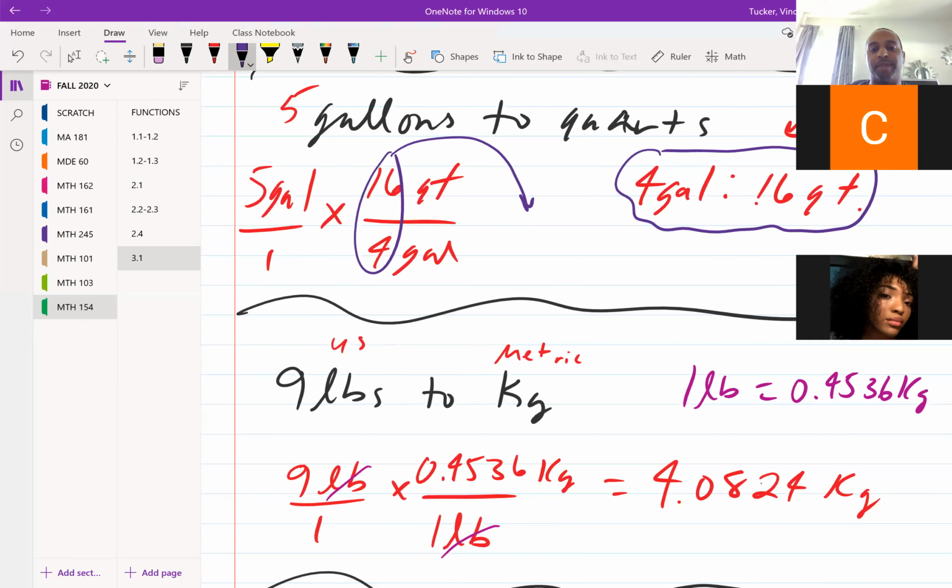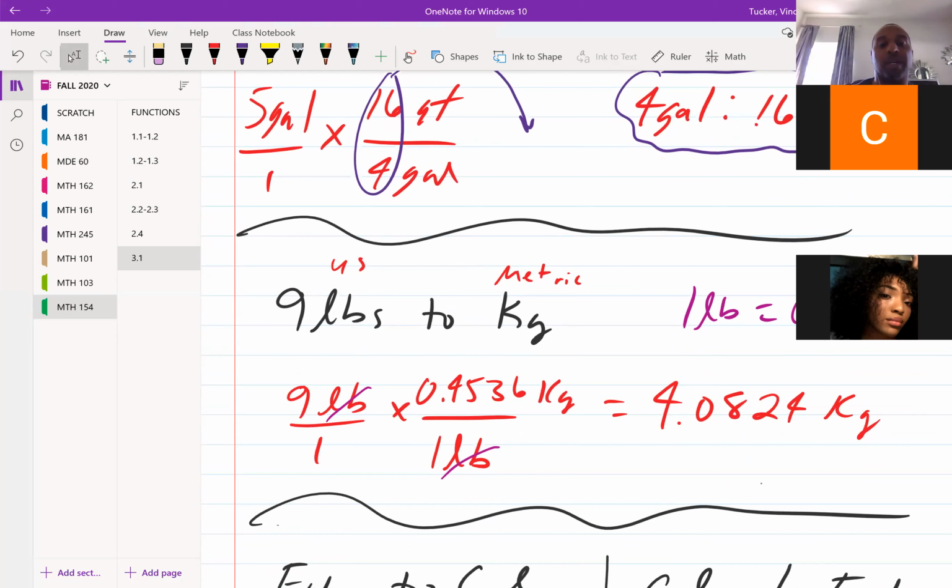In one, you may be dividing, where in the other one, you will be multiplying. This one had 9 pounds, so I'll just leave it like that. If I want to go from 9 pounds to kilograms, pounds is US and metric, which is what we'll talk about in a few, it's kilograms. So I set up my fraction and then multiply by the conversion factor of 1 pound equal to 0.4536 kilograms.